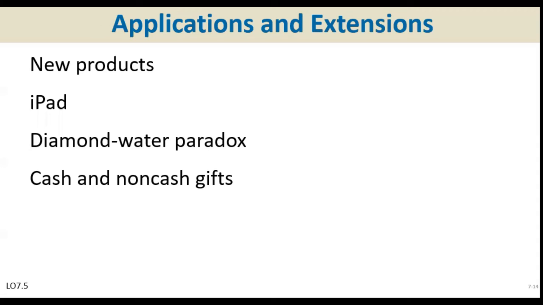So consumers looked at that product as having more utility. The marginal utility for the iPad was perceived as higher, and that ultimately put attention on that particular product compared to the alternative products on the market. So consumers shifted demand from the other products on the market toward the iPad.